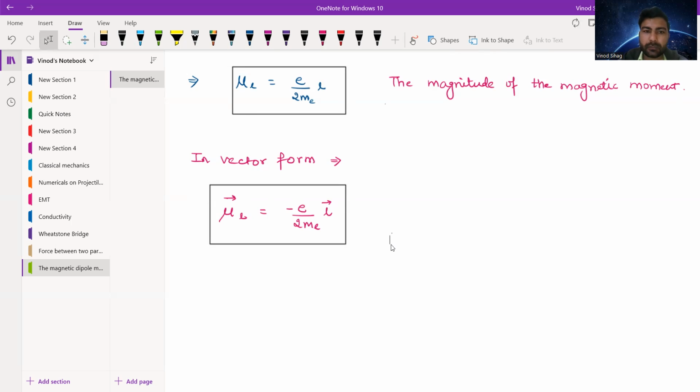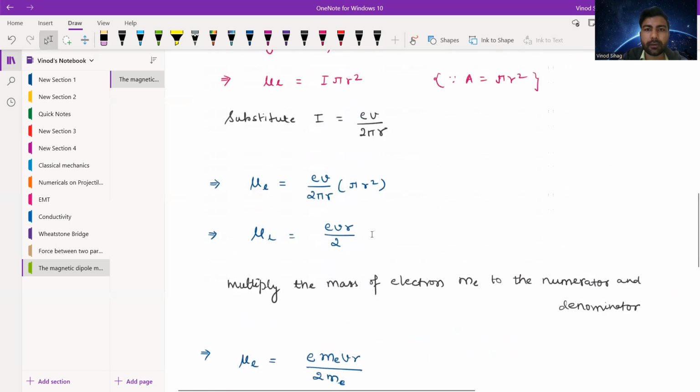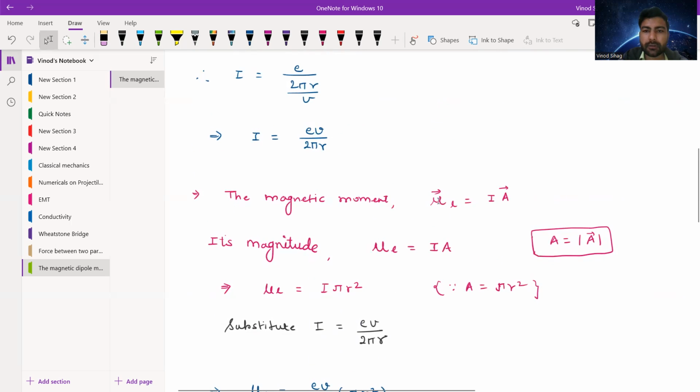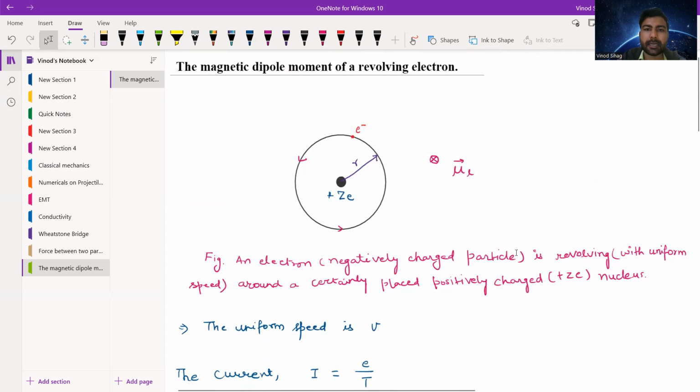Fine. And the direction of magnetic moment is given by mu L vector equals to I a vector, where the direction of the mu L vector will come from the direction of area, and the direction of area will be as per the right hand rule. If you see the circular motion here, the electron is revolving in the anti-clockwise direction, so current will be flowing in the clockwise direction.